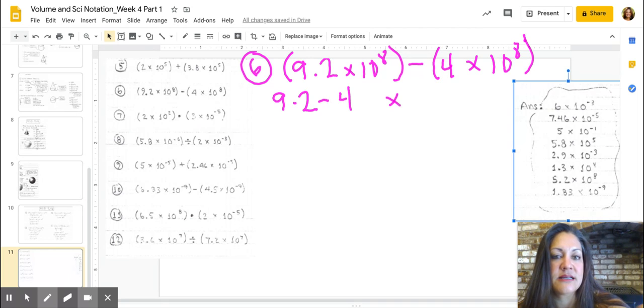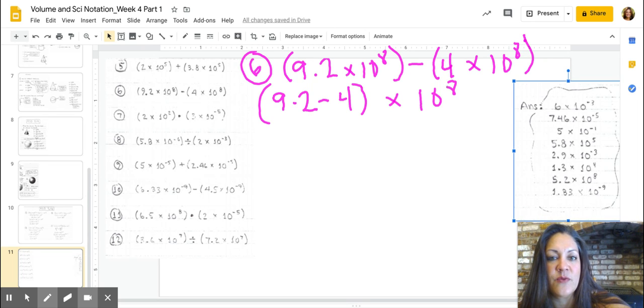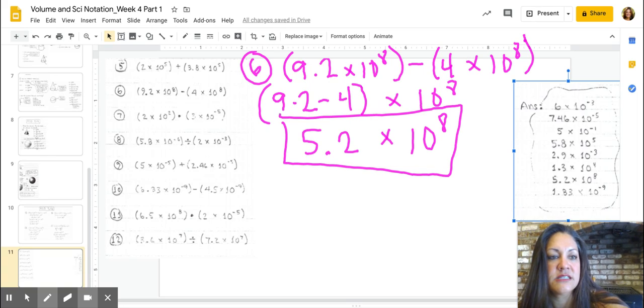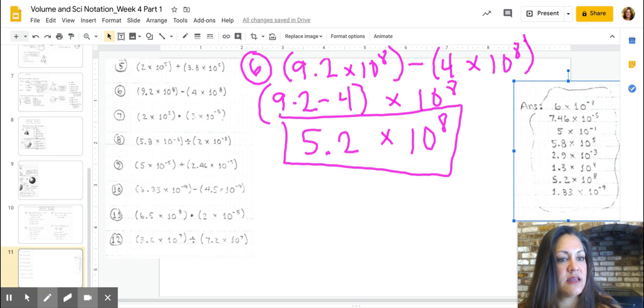And that is times, we put in parentheses if we want, times 10 to the 8th. 9.2 take away 4 is 5.2 times 10 to the 8th. Check our answer key. There it is. Good.